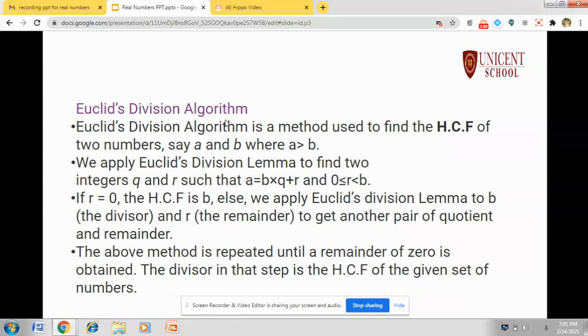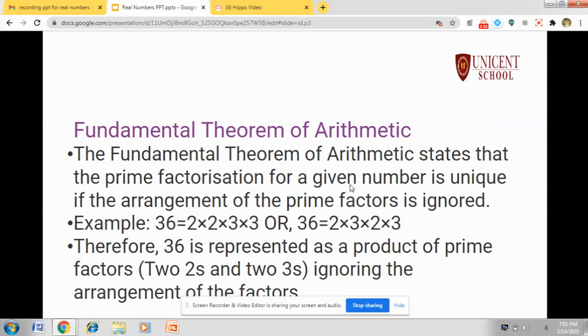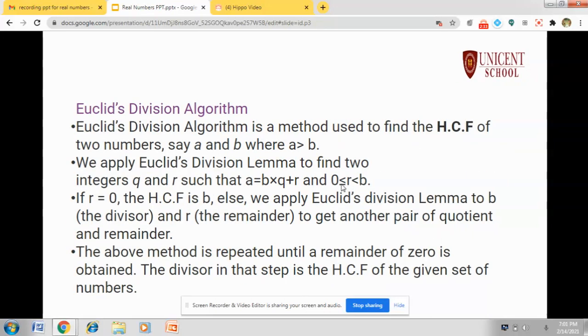Euclid's division algorithm is a method used to find the HCF of two numbers a and b. Here, one of the numbers should be greater than the other. We apply Euclid's division lemma to find the integers q and r, that is, quotient and remainder, such that a equals b times q plus r, where r is greater than or equal to 0 and less than b.